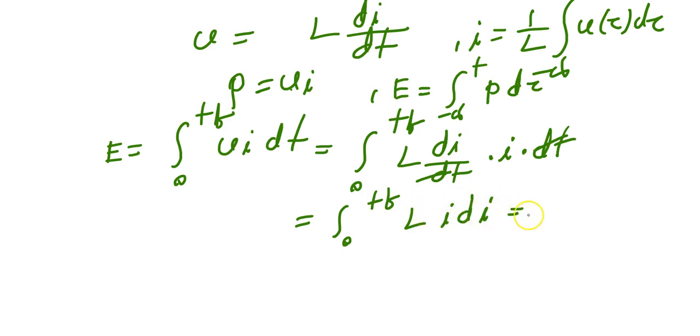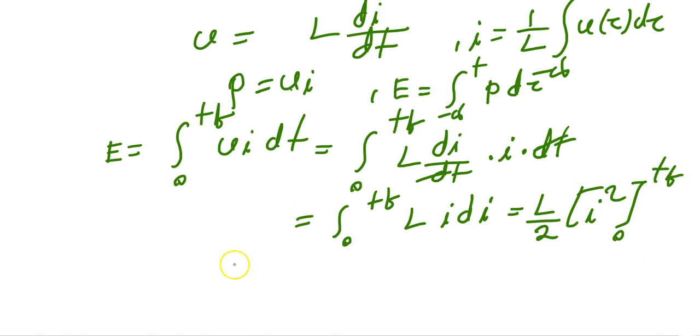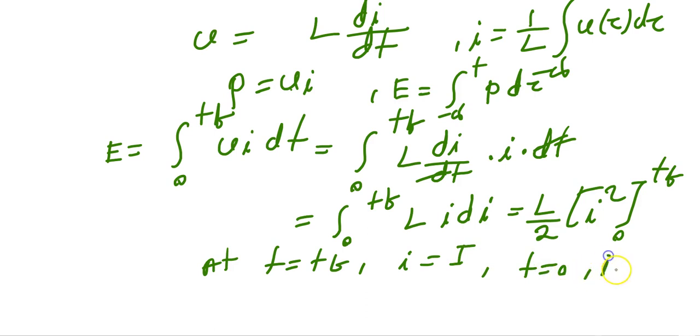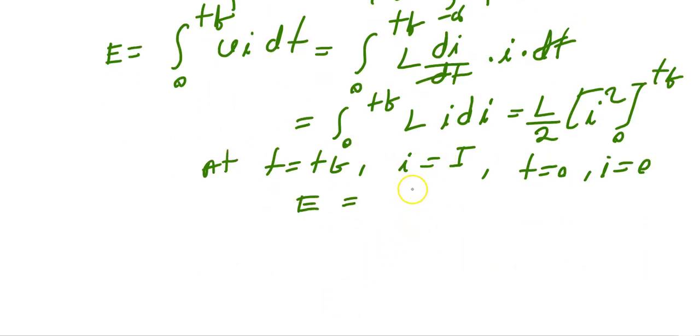When you do the integration, you have L/2 I square from 0 to final time. So if at time t equal to TF your current is capital I, and at t equal to 0, I equal to 0, then you have energy equal to half L I square.